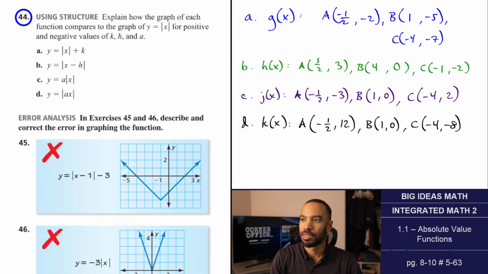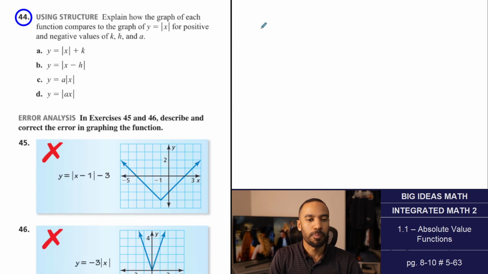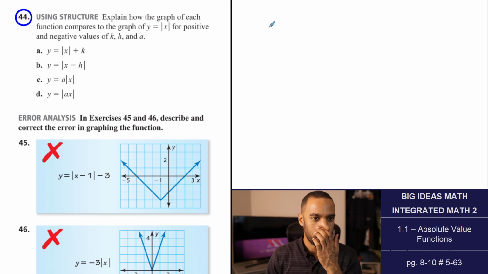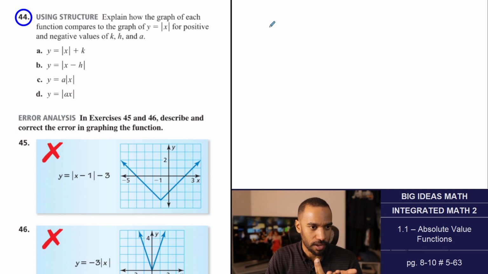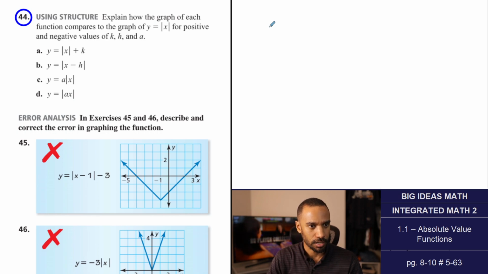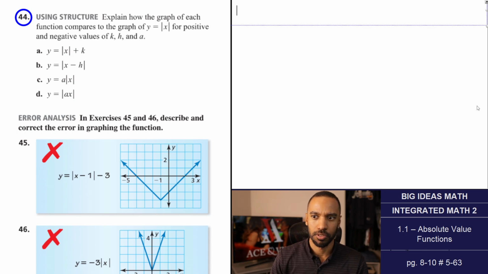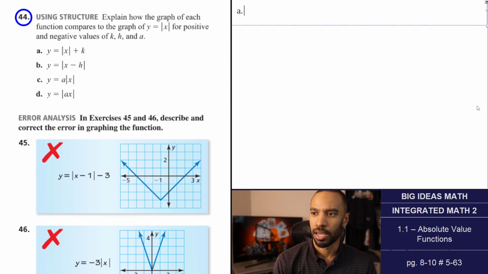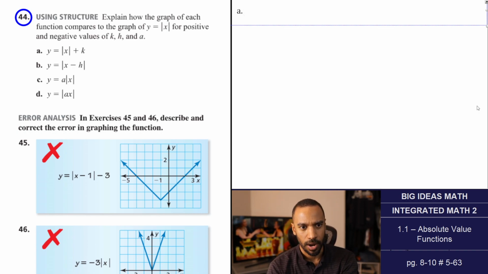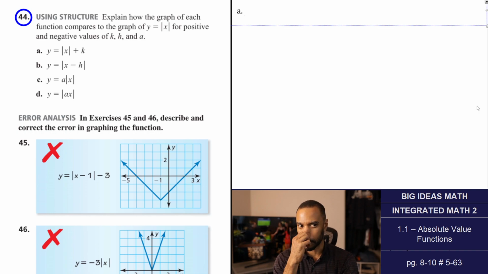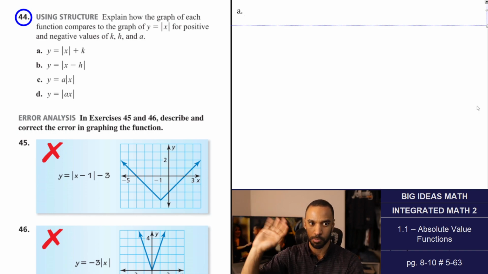All right. Number 44. Explain how the graph of each function compares to the graph of y equals absolute value of x for positive and negative values of k, h, and a. Okay, so A. The first one says absolute value of x plus k.